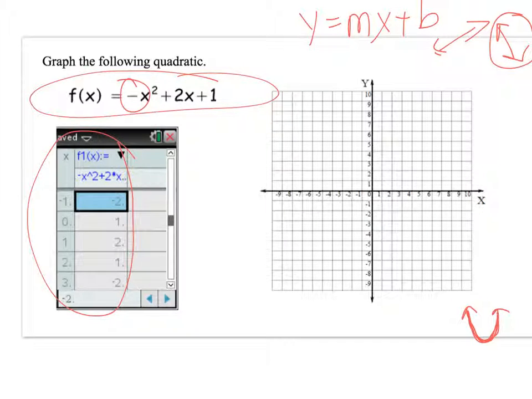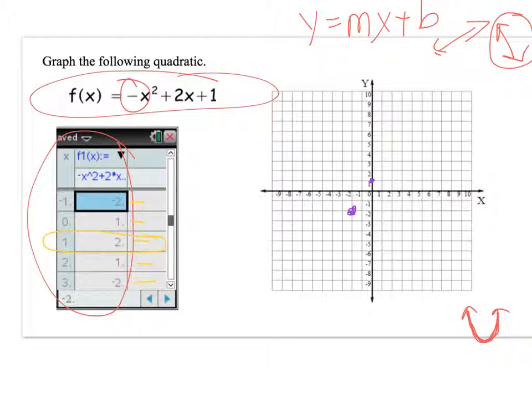Again, I'm looking for the repeating pattern, so I have negative 2, 1, 2, 1, negative 2. Notice that right here is that middle point, and that's going to be very important when we start analyzing these graphs. So it's negative 1, negative 2, and at this point you should be graphing along with me. If you don't know how to graph, you should really go back and review that because that's something you're really going to need here.